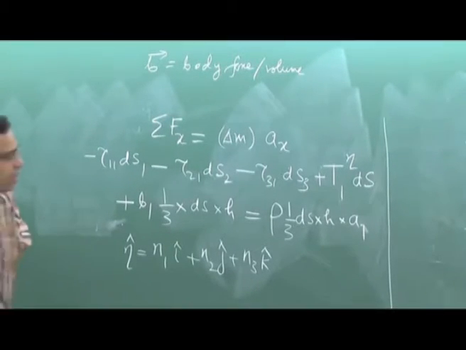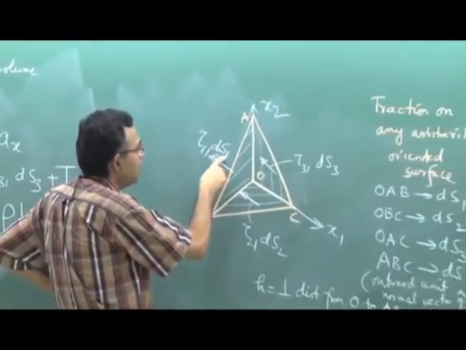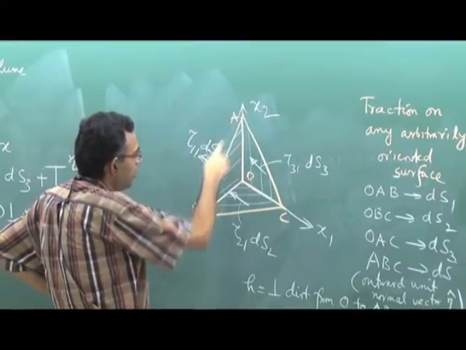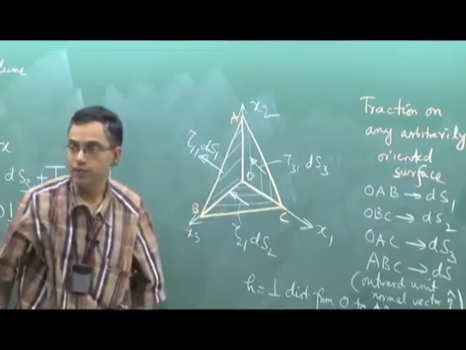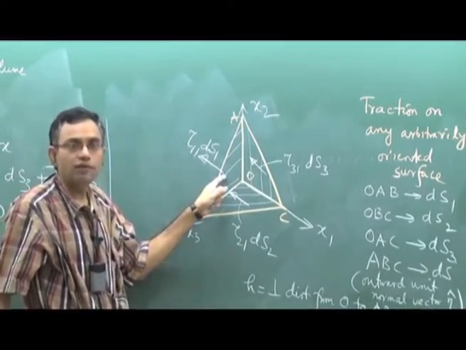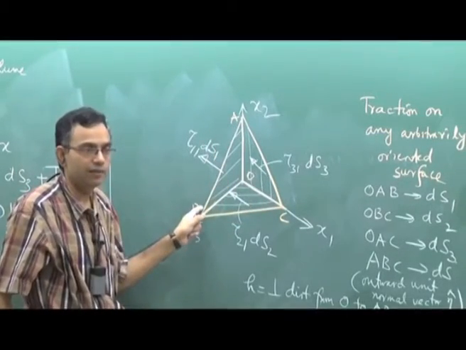Then you can easily see what the surface dS1 is. dS1 is nothing but the projection of the surface ABC on the x2 x3 plane, right.